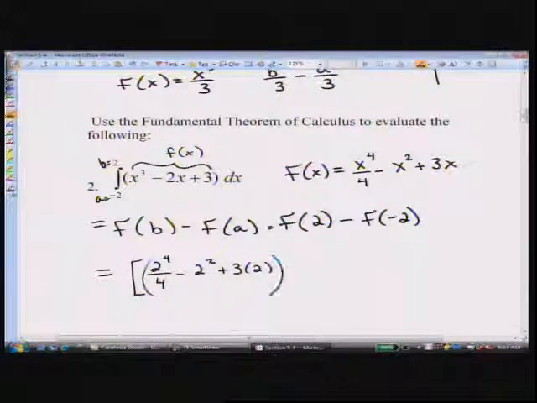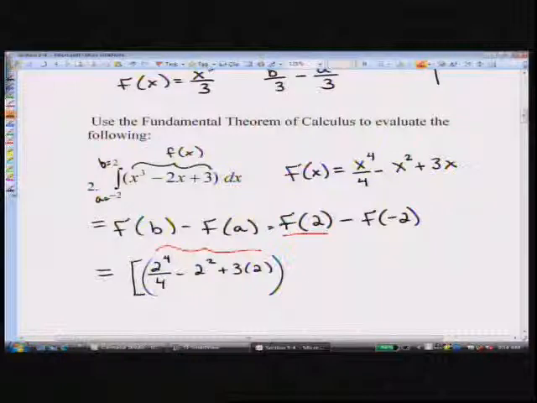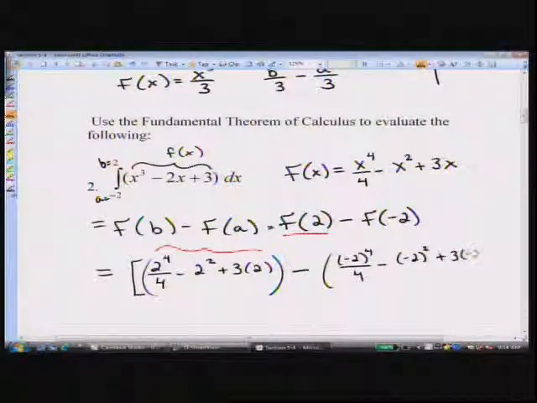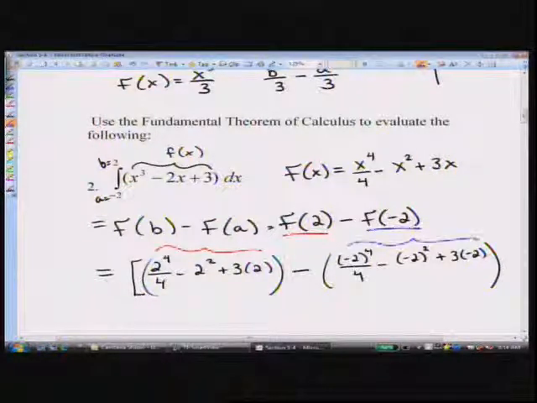That is big F of 2. And then we're going to do minus negative 2 to the fourth over 4 minus negative 2 squared plus 3 times negative 2. And that is, do in blue, F of negative 2.